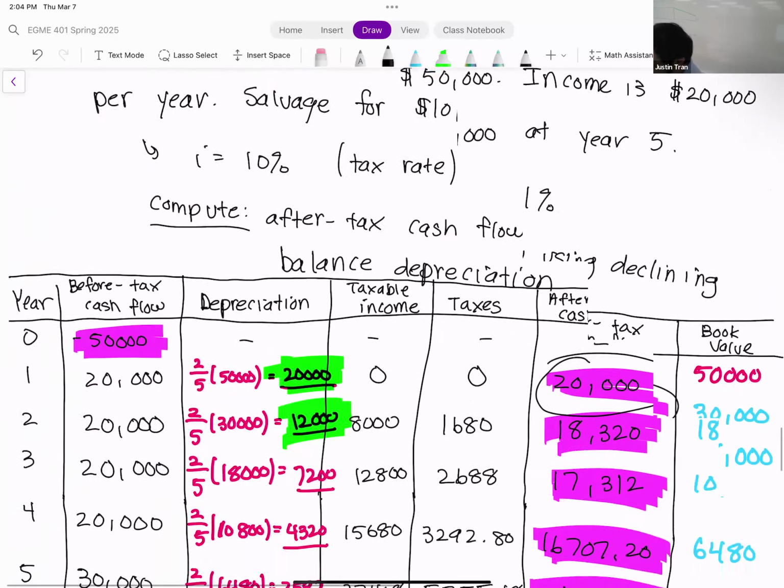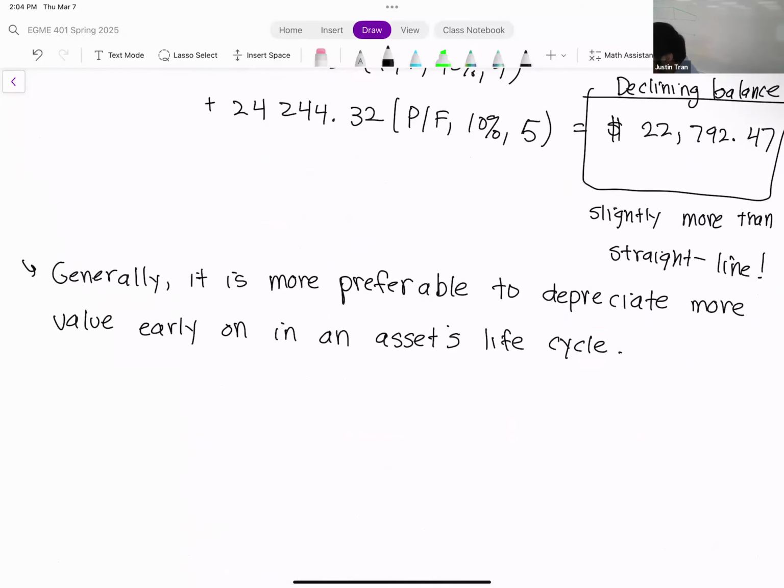Okay. So generally speaking, companies are going to want to depreciate more of their asset value up front because it leads to more money in the present time.